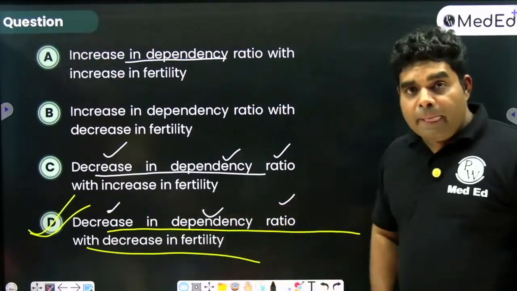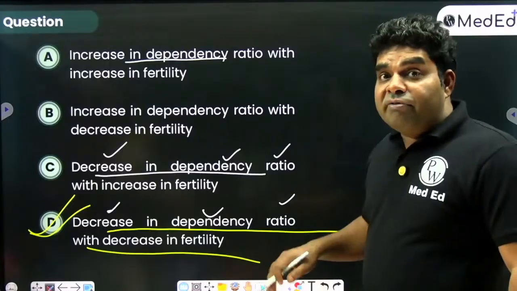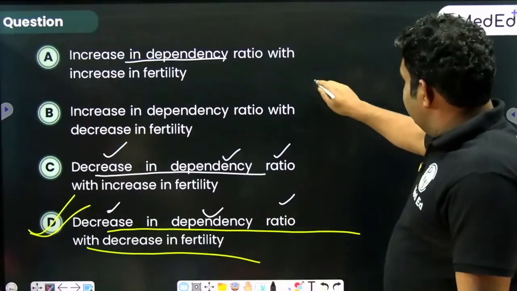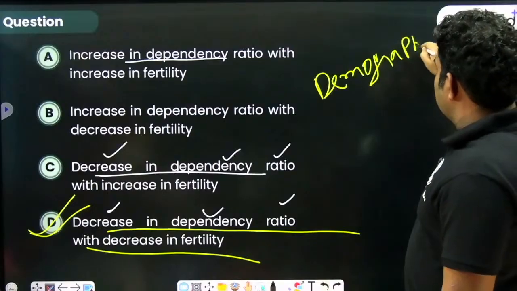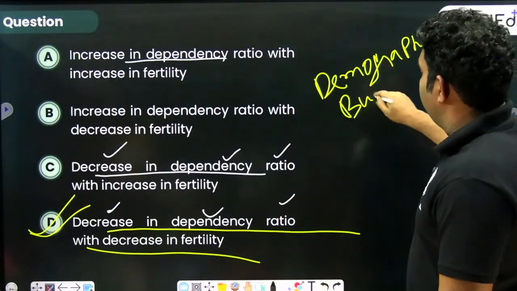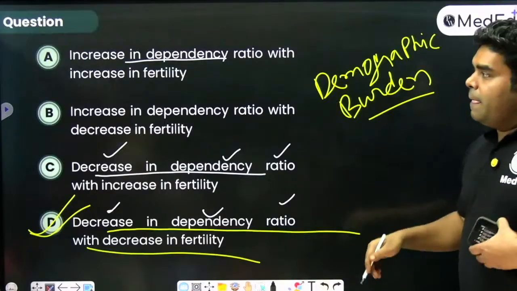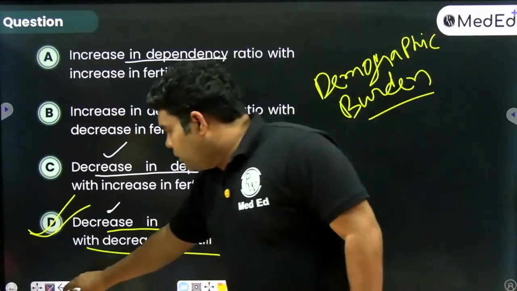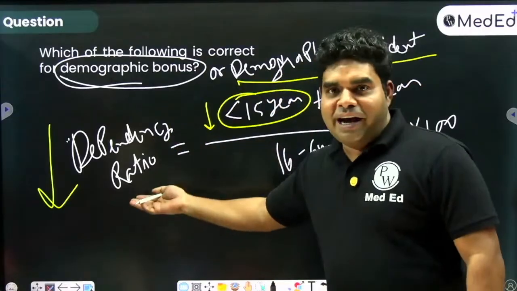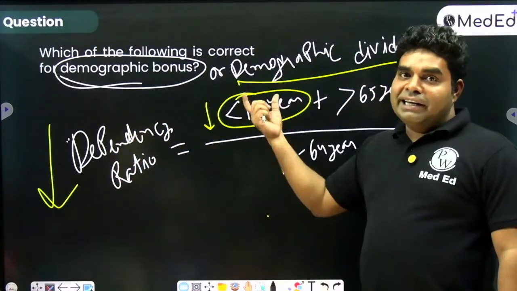Both should decrease. But sometimes they ask the question of demographic burden. हमारे देश पर बोझ कब पड़ेगा? Burden का मतलब होता है बोझ, है ना? बोझा कब पड़ेगा? When will it be a burden for our country? Of course, burden is when dependency ratio increases. And how can you increase dependency ratio? Again, the same way. To increase dependency ratio, you have to increase fertility rate.